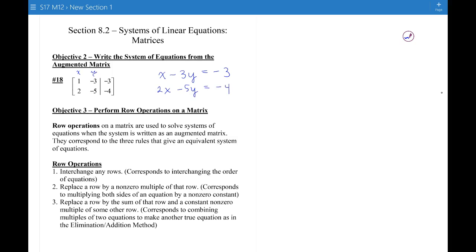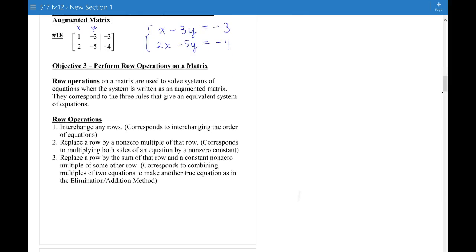So you can see that it's a lot more writing. And usually we put the little brace to indicate this is a system of equations. So writing out the system of equations with all the pluses and the equals is just a lot more writing. So it's much more efficient, especially as the systems get larger, to use a matrix representation.